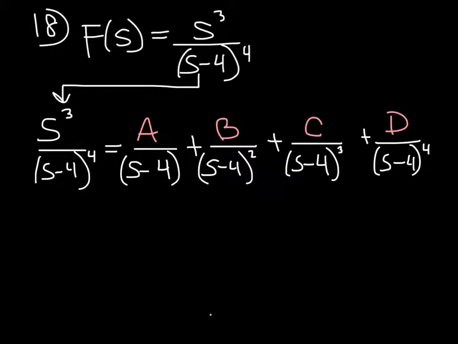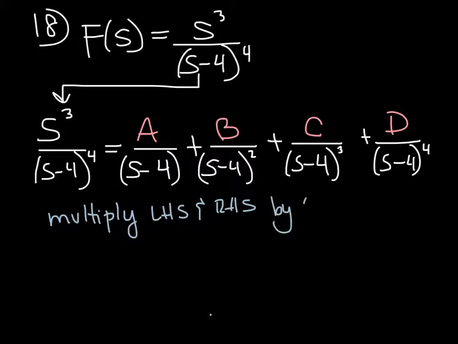So let's do some partial fractions. This is a nice little review. I'm going to multiply both sides of my equation by s minus 4. Let's write that down. So multiply the left-hand side and right-hand side of this equation by s minus 4 to the fourth.